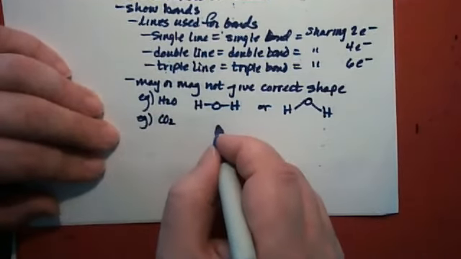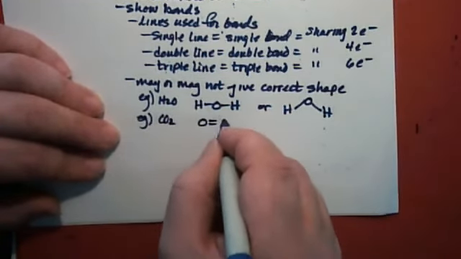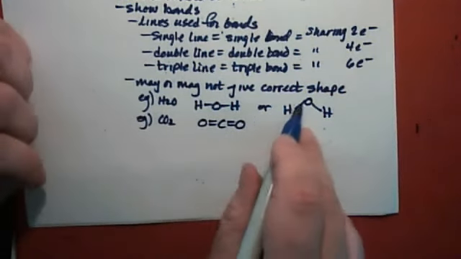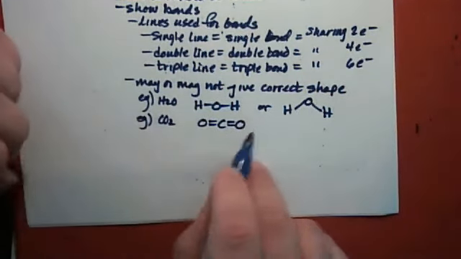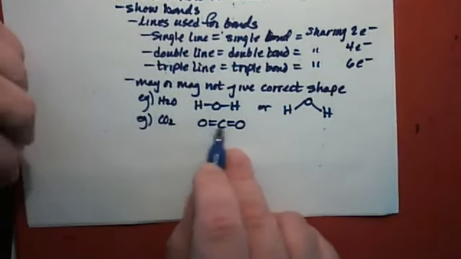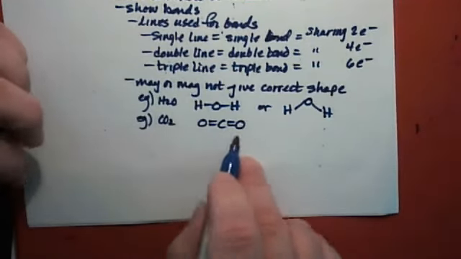Carbon dioxide, on the other hand, really is a linear molecule. It's not bent at an angle like water is. Carbon, though, is attached to each oxygen with a double bond, and that's what the double line means.